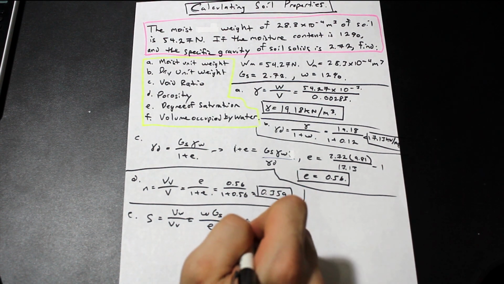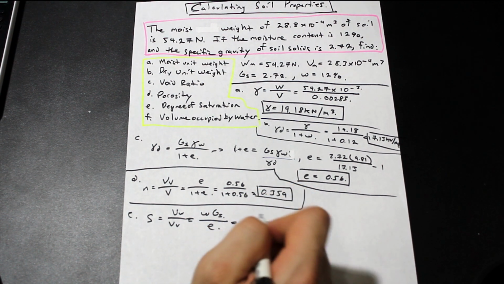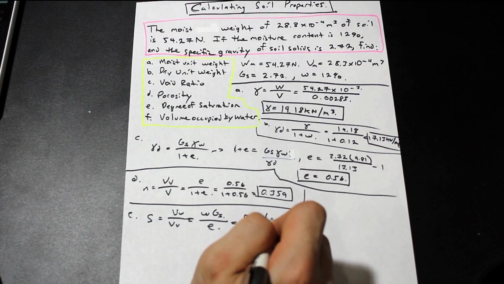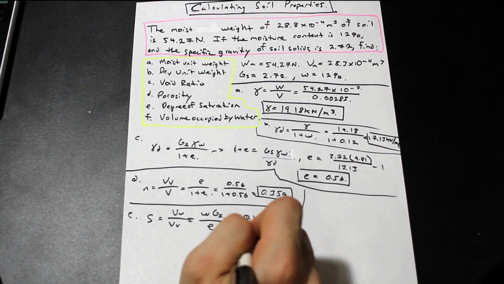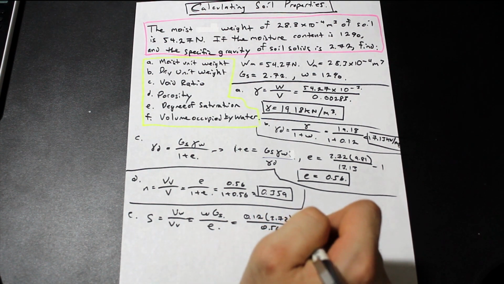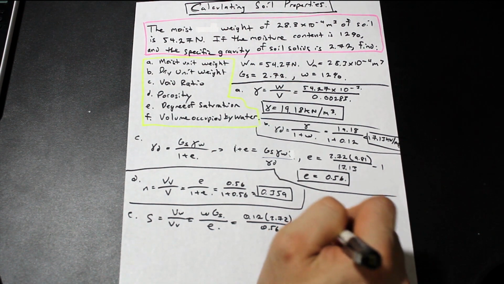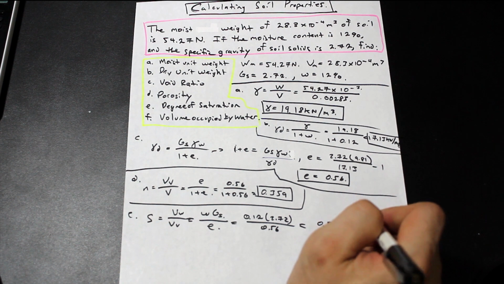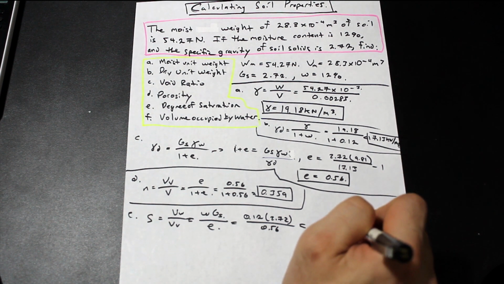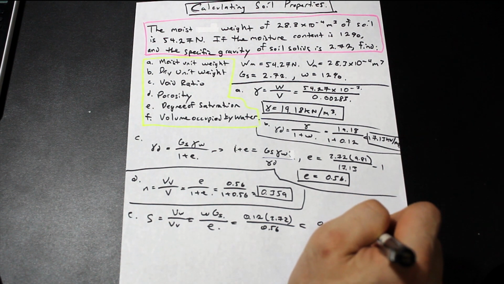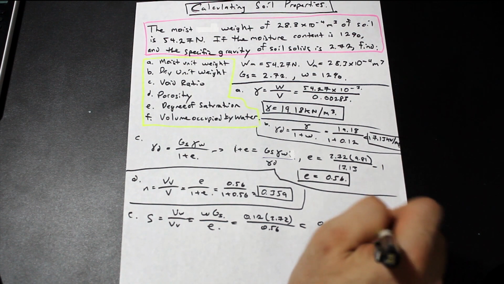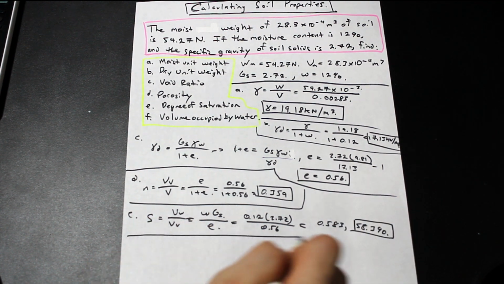We're given all of these: 0.12 times 2.72 over 0.56. That's going to give us a value of 0.583, or 58.3% degree of saturation.